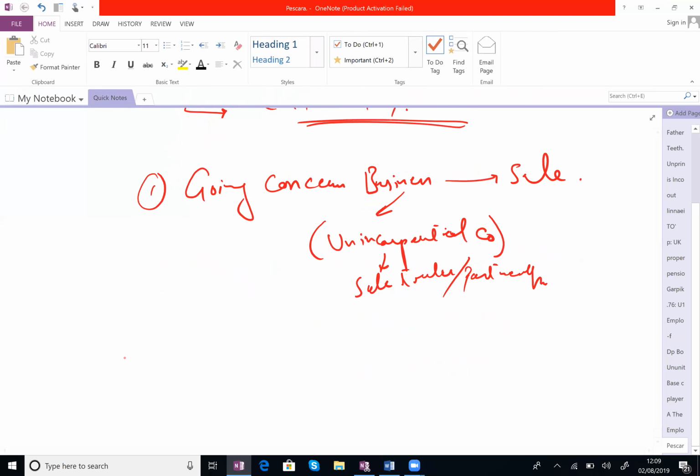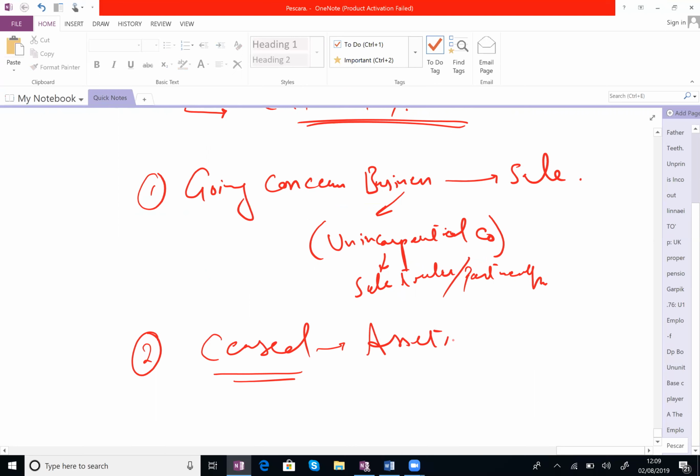Second situation, if you cease the business, when the business is ceased, no one will acquire the business. So when I cease the business, I will sell the assets one by one. On the asset sale, I will get the entrepreneur relief.